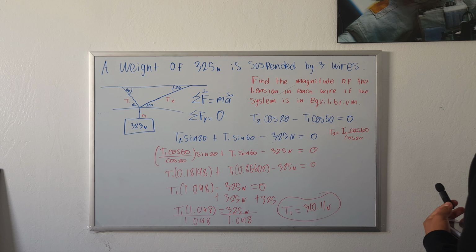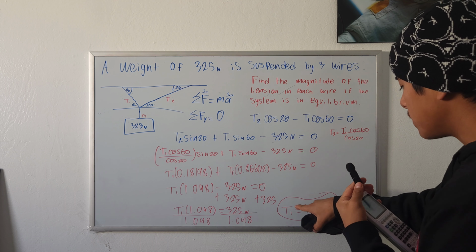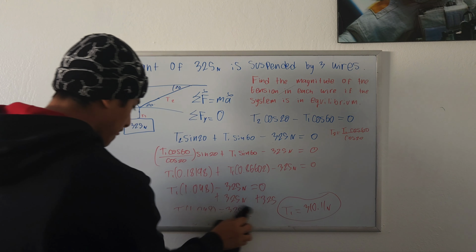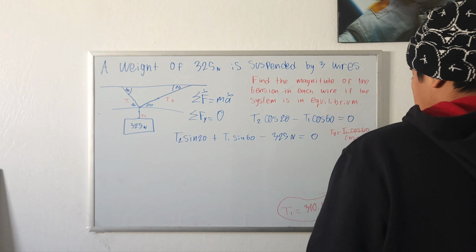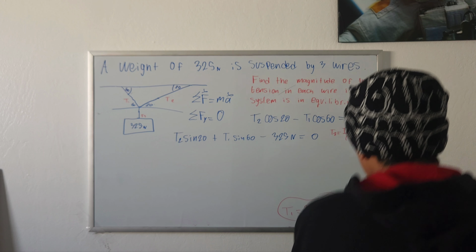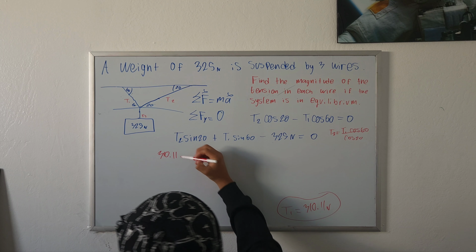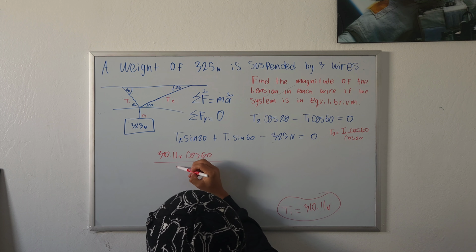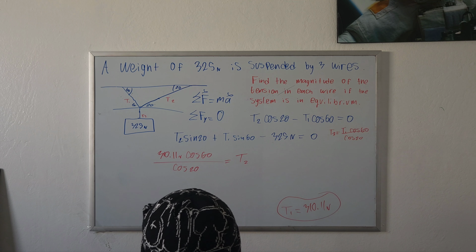Now I'm going to go ahead and solve for T2. So I'm going to plug this value into this. So erasing all of this, now I have 310.11 newtons times the cosine of 60 all over the cosine of 20 is equal to T2.